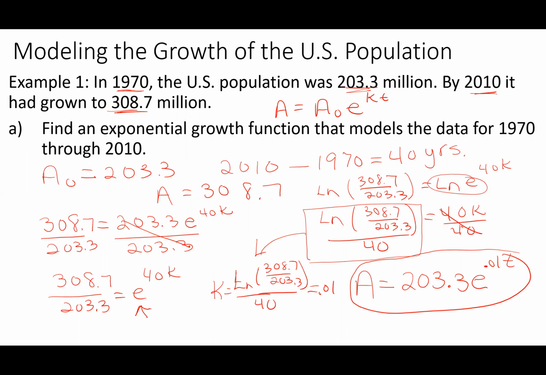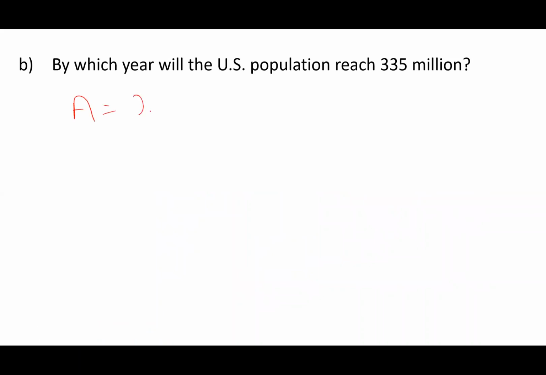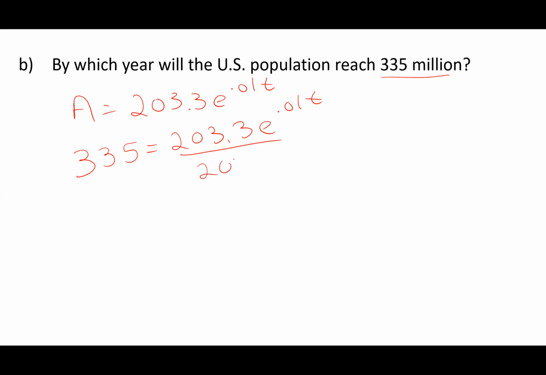So now when we go to part B, it says, by what year will the population reach 335 million? So now you're taking the equation you just found, okay, and you're plugging 335 in for A. Divide both sides by 203.3.